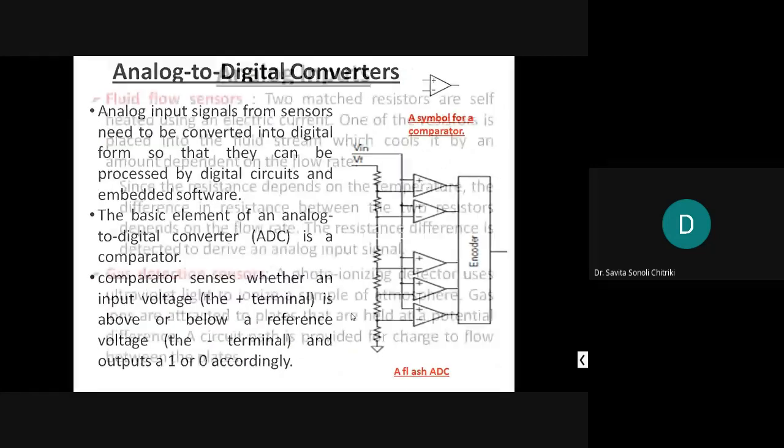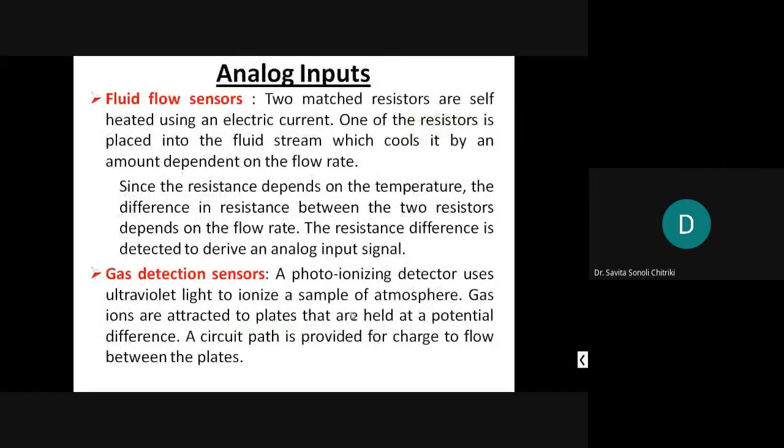What are the different types of analog to digital converters? Can anybody tell me the ADC types? What type of ADC did you study? Any one of you remember that? What is the type of ADC that you have studied?